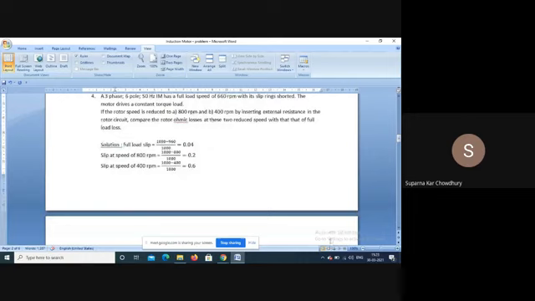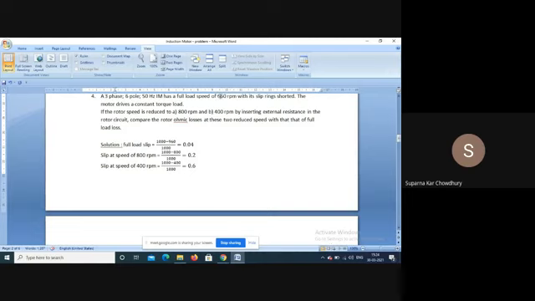Now the next problem. A 3-phase 6-pole 50 Hertz induction motor has a full load speed of 960 RPM with its slip rings shorted. The motor drives a constant torque load.